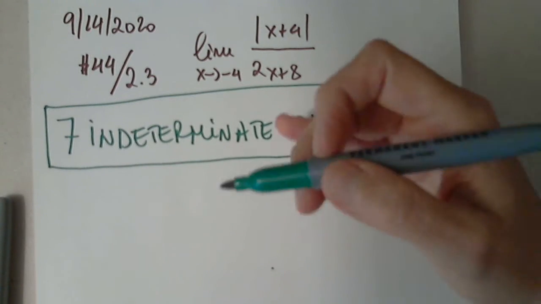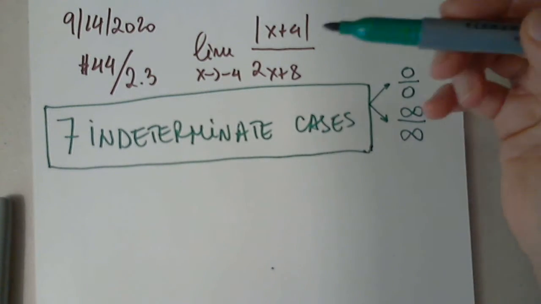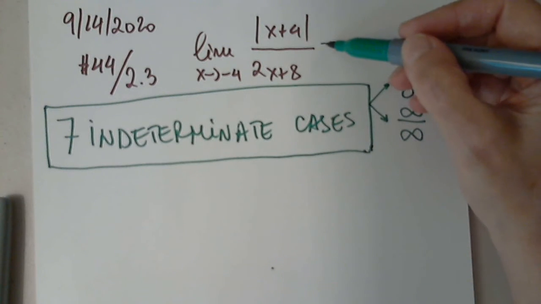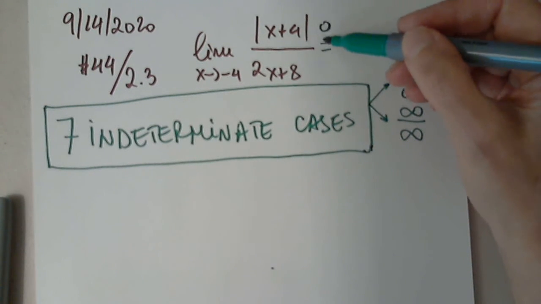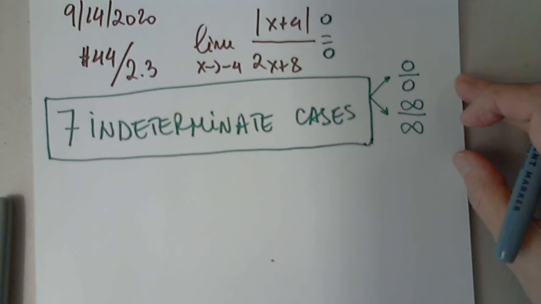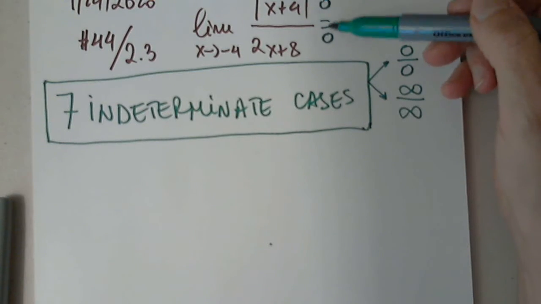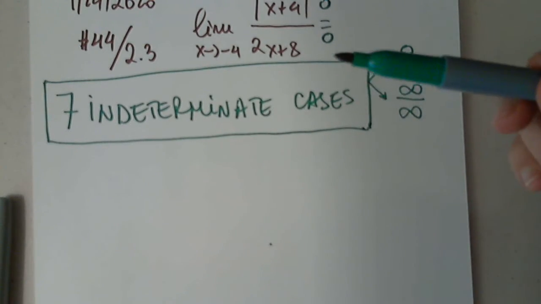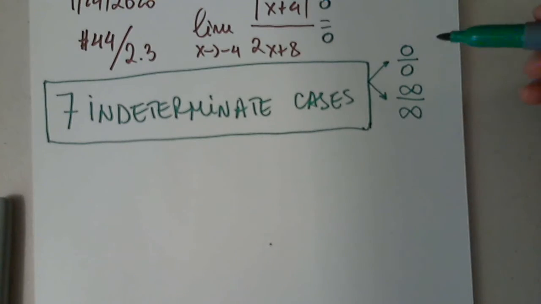Okay, so I would like to establish this from the get-go. Well, when you plug in negative 4, the numerator is 0 and the denominator is 0. Would you agree? Yes. Good. So that's one of the reasons why I wanted to not wait till the next chapter to discuss this. So this is one of the indeterminate cases.